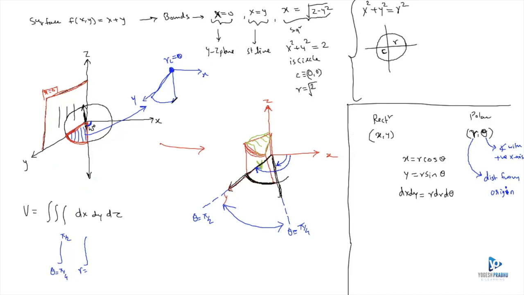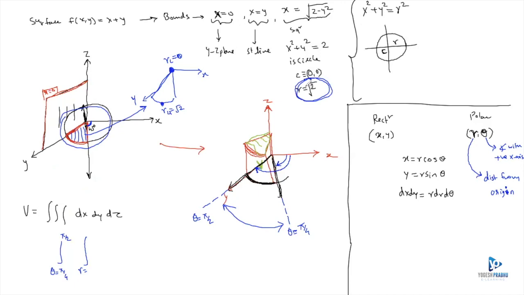What is the highest value r can be? Root 2. So the lowest value of r is 0 and the highest value of r is root 2. It cannot be more than that, because this circle here has a radius root 2.